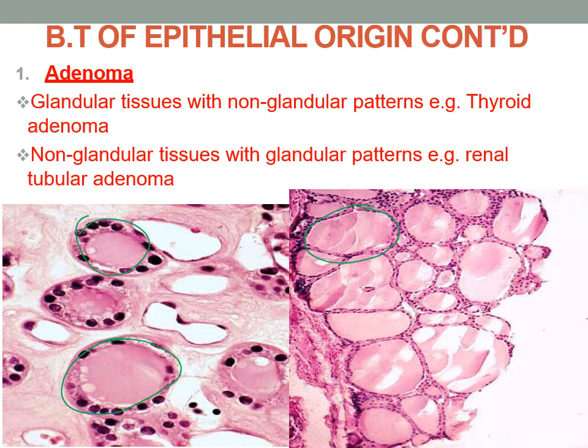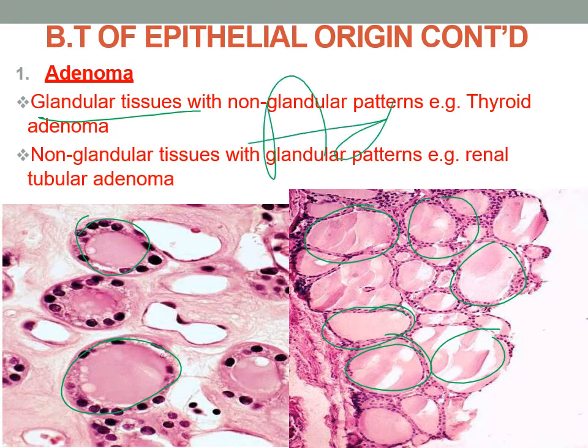So when they are glandular in origin, meaning they are glands such as the thyroid, or they are not glandular, but microscopically they look like glands, we say it is adenoma. Adeno stands for glands, and oma stands for benign.